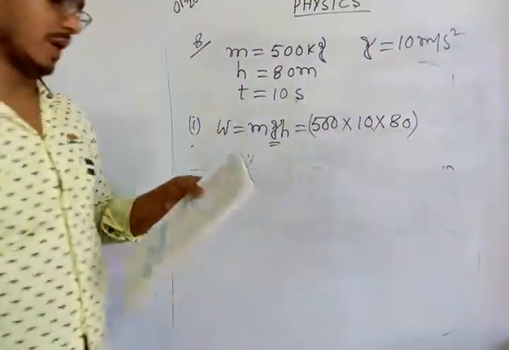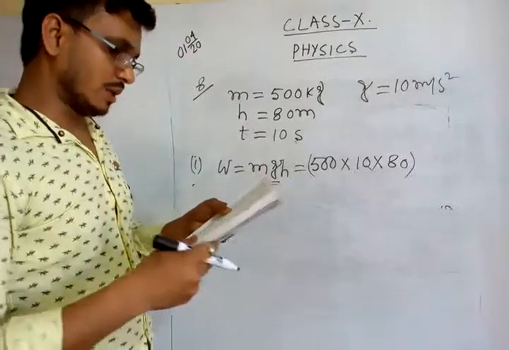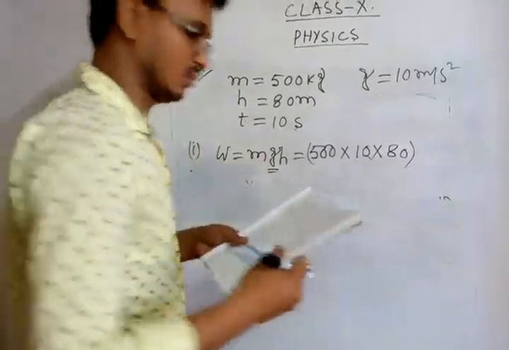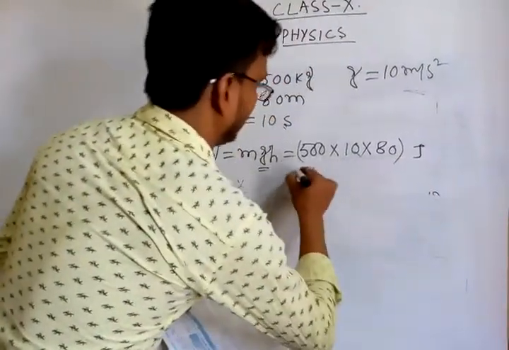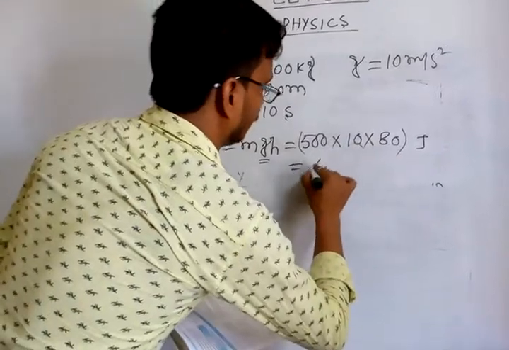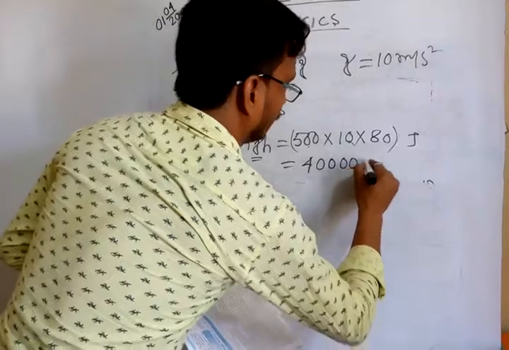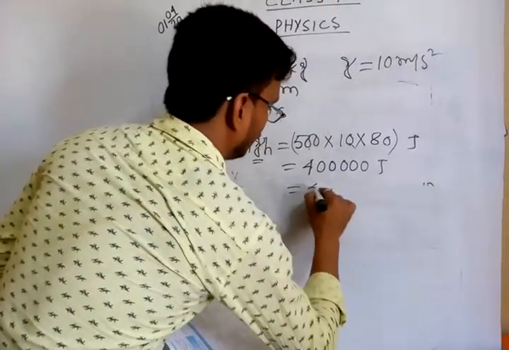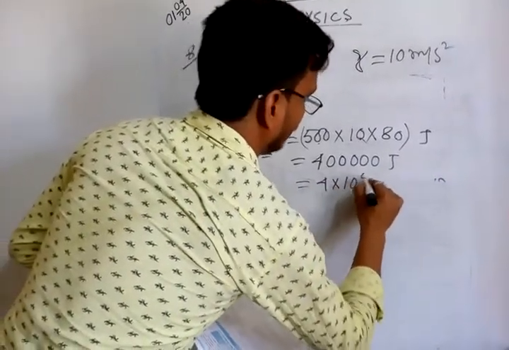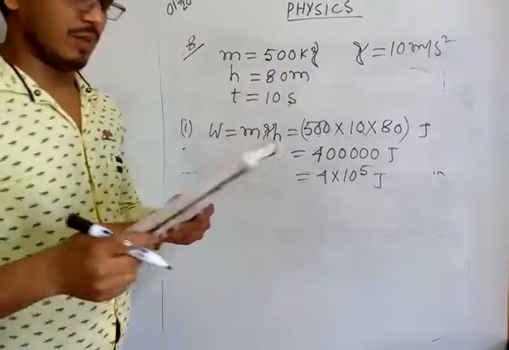What is the unit? The work done unit is joule, as you all know. Multiplying it out, that means 4 into 10 to the power 5 joule. That is the first one.